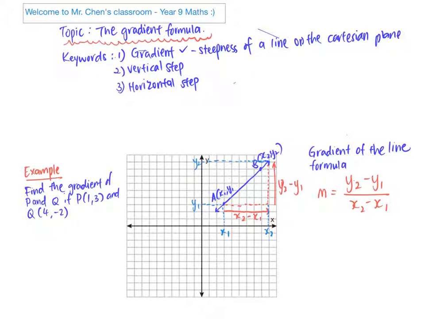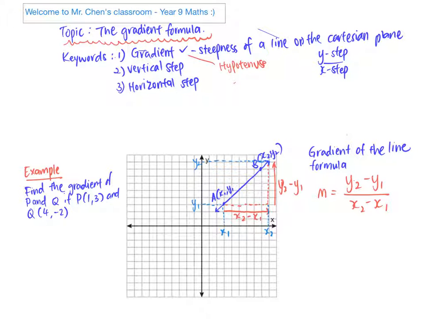The formula that you have learned from the last video is y step divided by x step, which is your vertical line divided by your horizontal line. And gradient is also your hypotenuse, if you look at it in the Pythagoras theorem way.